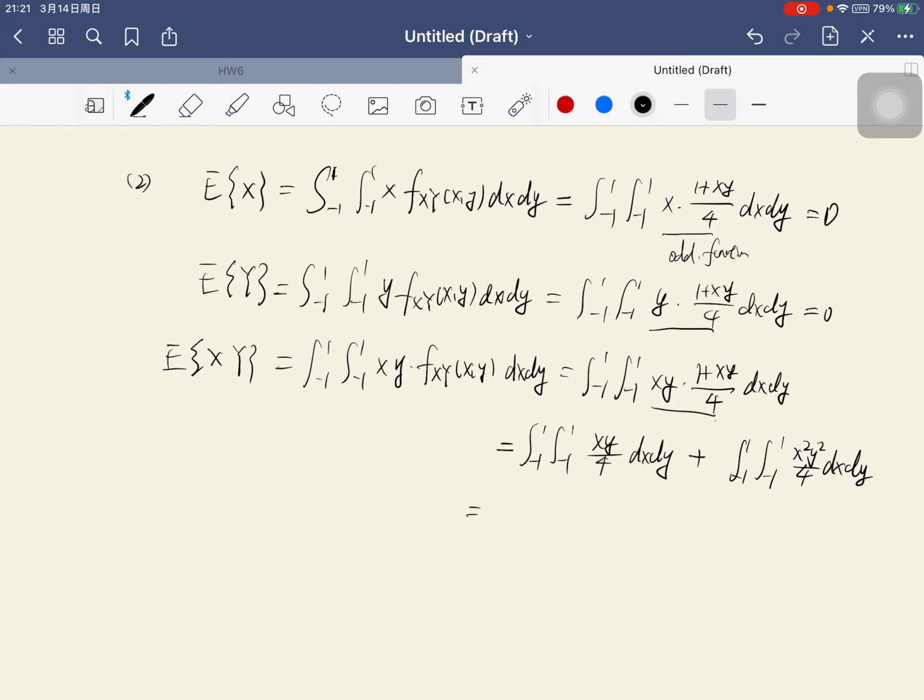The first part, integrating from -1 to 1, is equal to 0, plus this second part.